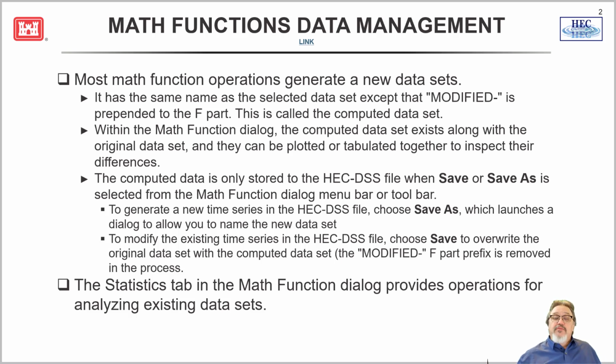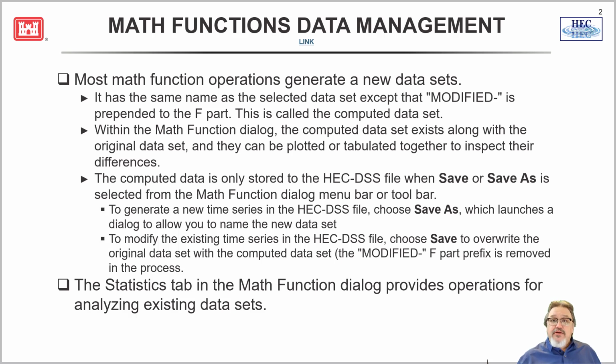So when the math functions facility of HEC-DSSVue generates a new data set, it modifies the F part of the primary data set it was working from, and it inserts modified dash before whatever else was in the F part. When we talk about this in future sessions, we'll call this modified data set the computed data set.